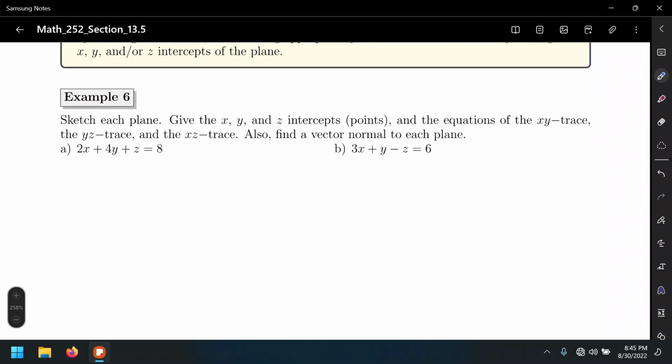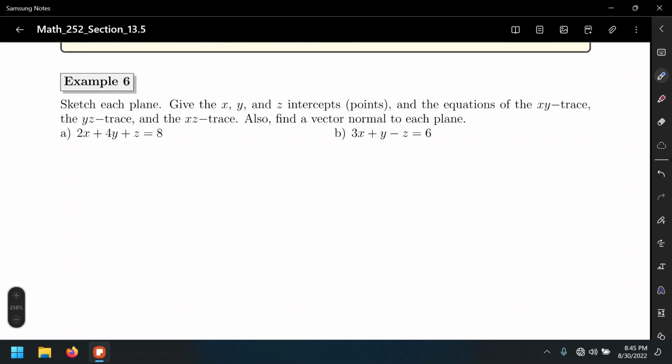Back in intermediate algebra or pre-calculus, to find the intercepts of a function, if you wanted the x-intercept, you would set y equal to 0 and solve for x, and if you wanted the y-intercept, you would set x equal to 0 and solve for y. In this case, we have 3 variables for a plane. So to get the x-intercept, we set y and z equal to 0, the other 2 variables, and solve for x.